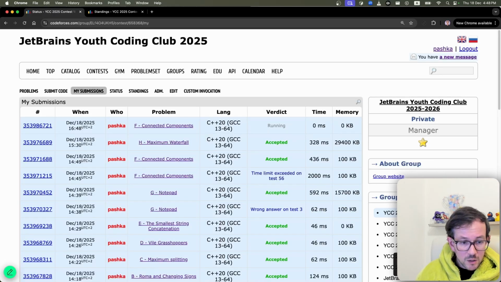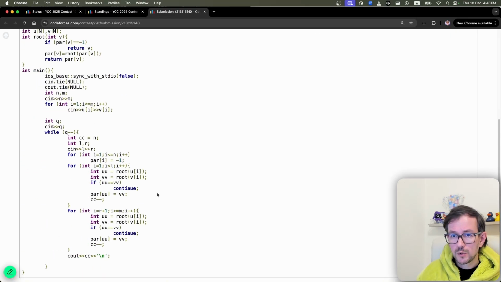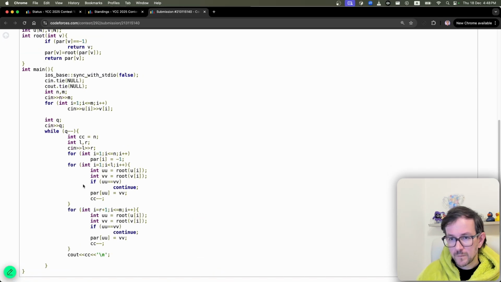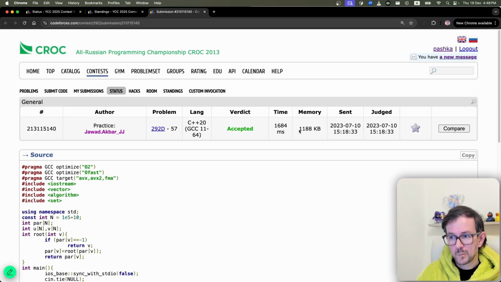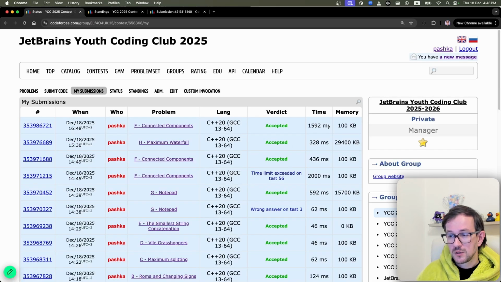Compile, yes. Yeah, that's completely the same as my code. Okay, again, it's close to the time limit. Okay, so it's actually speeding up the solution a little. That's interesting.